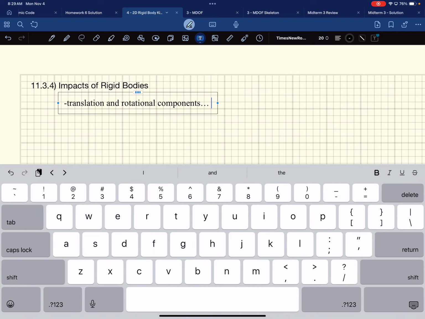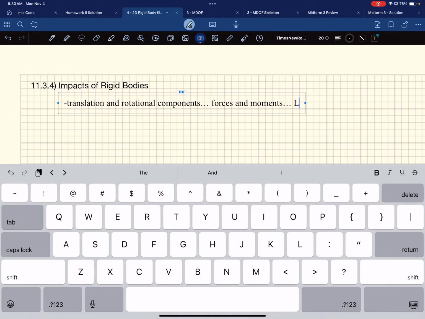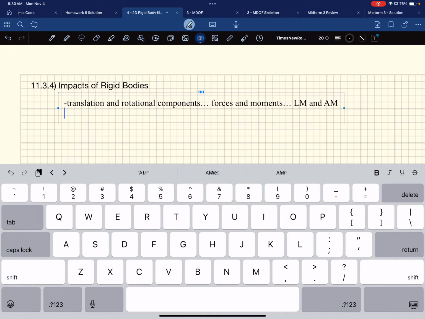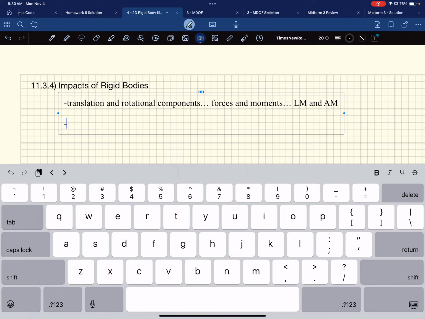Forces and moments, and that's tied directly to linear momentum and angular momentum. We have to be concerned with both of those things, because you can have conservation of linear momentum and conservation of angular momentum. You might have to use both of those to solve.